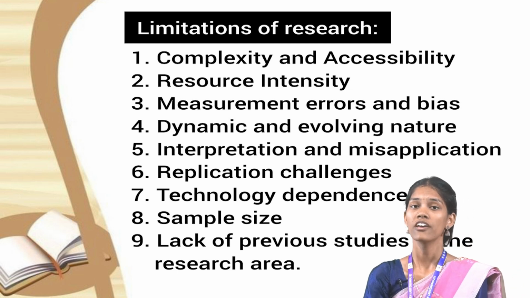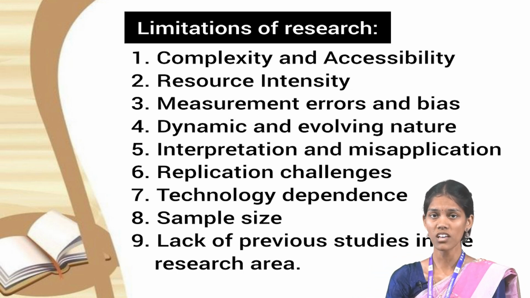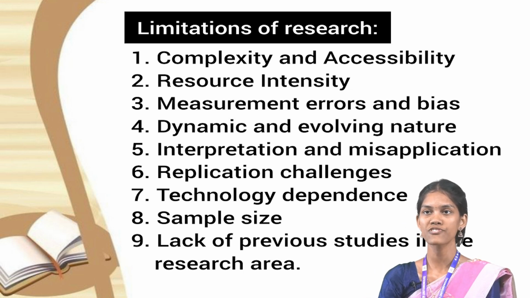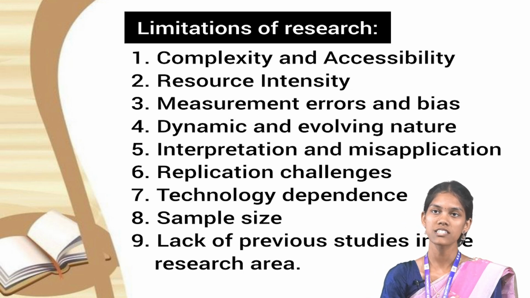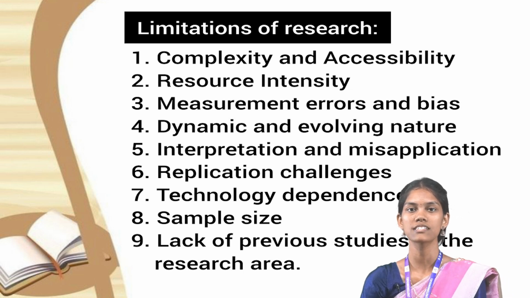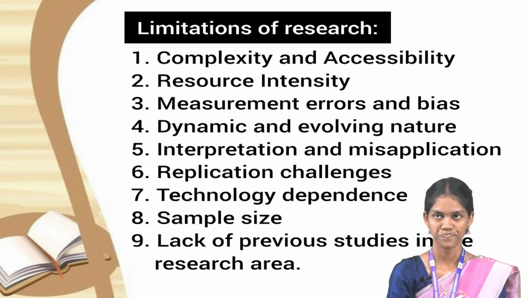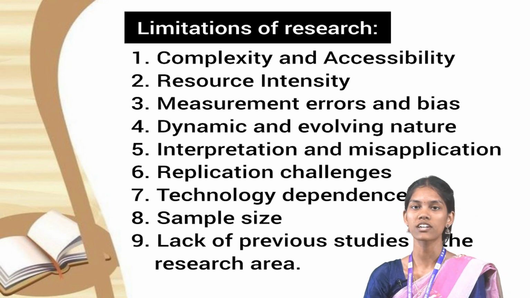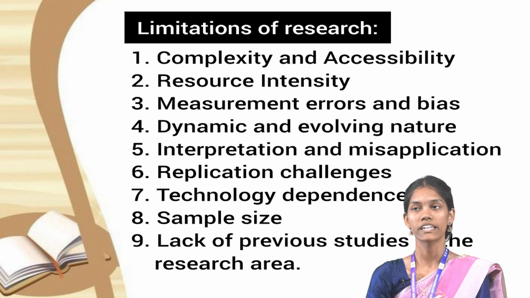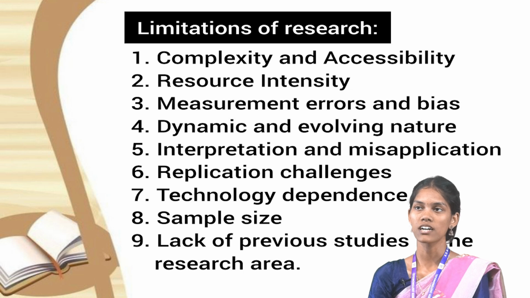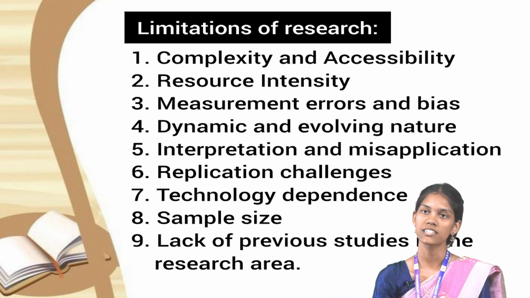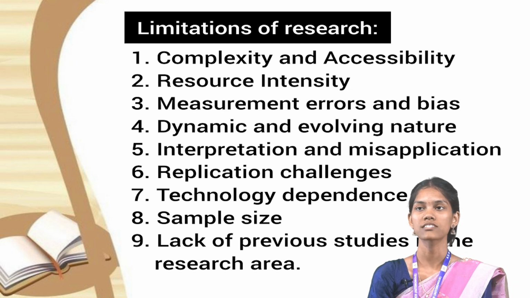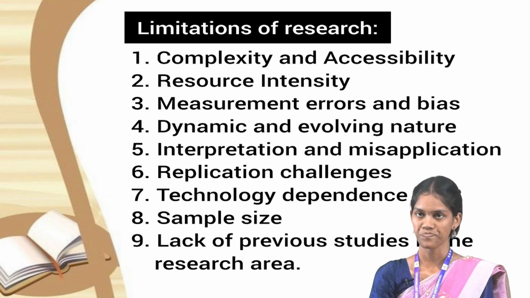For example, if we take the snowball method of research, if there is a disease for someone, the researcher could not reach the diseased people, or he has to go a further distance, and it takes money and time to reach the destination. So it is complex in nature, and also difficult to access the data.